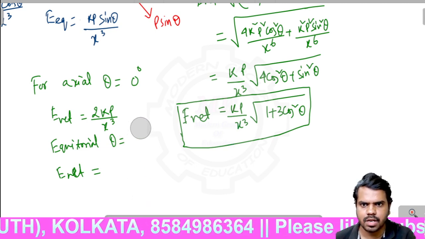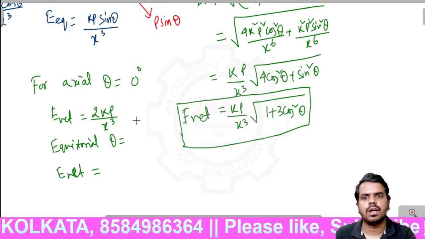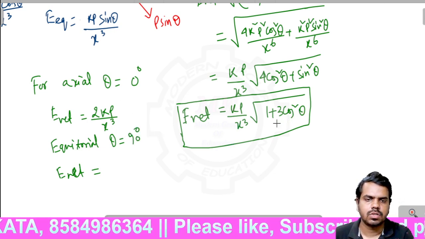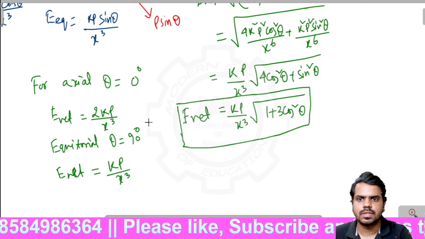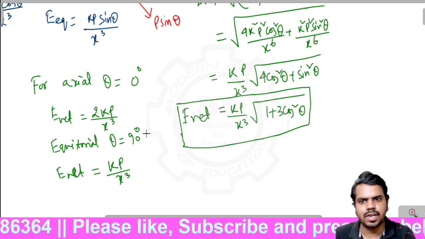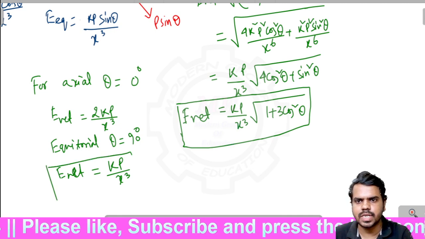This is not the angle between E and P; this is the angle between the point and the dipole, the perpendicular bisector. So theta is 90 degree, cos 90 is 0, so this will be kp by x cube. Okay, so we have checked all the values.